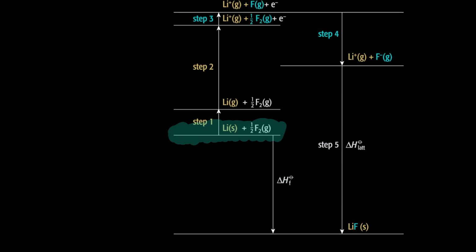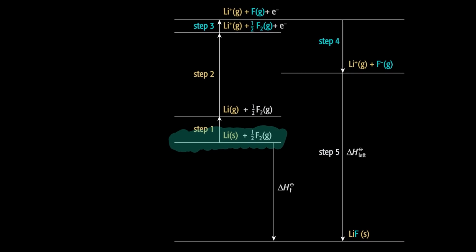Now when you do more of this, you don't always have to draw the Born-Haber cycle, but when they ask to draw it, and sometimes they do draw it for you and even ask you to identify the steps, then you should draw it. So in the next few questions, you will be drawing Born-Haber cycles. But the idea is that it's pretty straightforward. In step 1, you'll have the atomization of the metal, which is lithium.